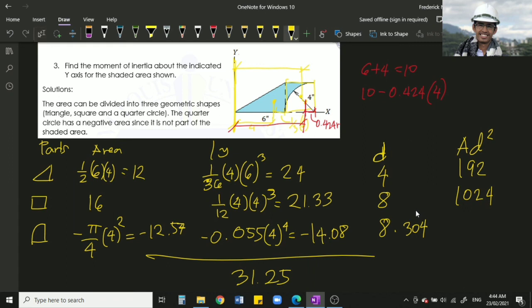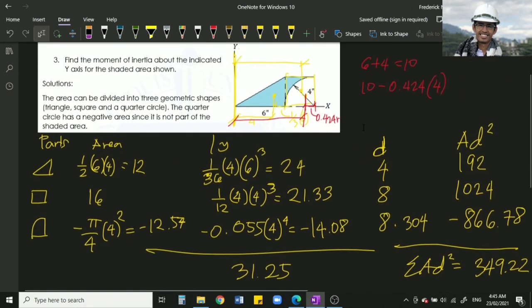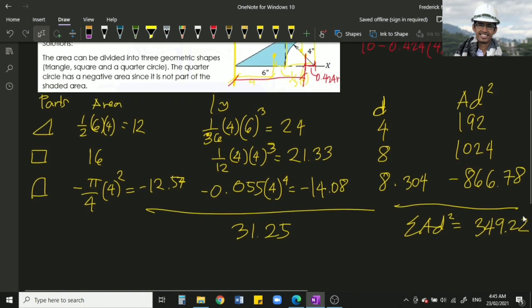So negative siya class. So that will be negative 866.78. Therefore, yung summation ng ating Ad squared is equal to 349.22. Okay? So that is equal to 349.22.